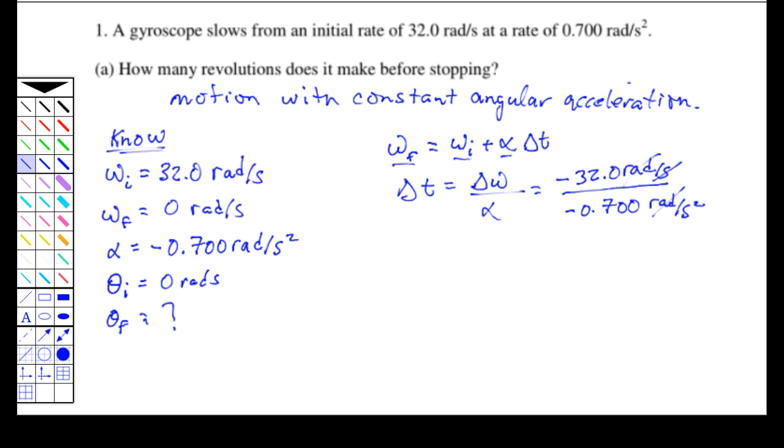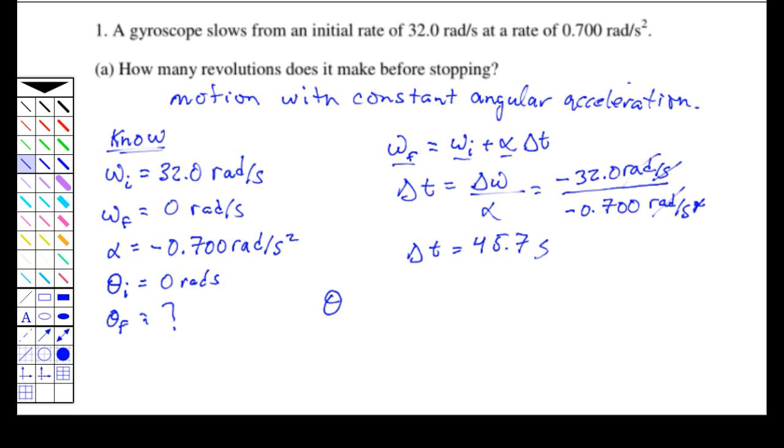This second in the numerator cancels with one of the seconds in the denominator, and plugging all of that into your calculator, you should find that delta t is... Let me calculate it. 32 divided by 0.7, 45.7 seconds. Good.